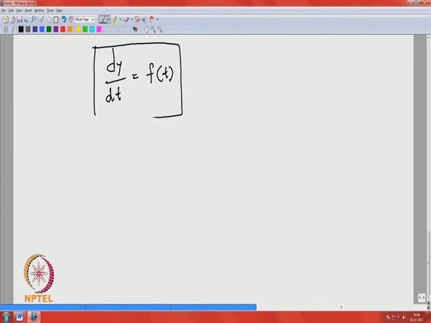So this problem is nothing but your integral calculus problem. This is just to convey to you that it is an integral calculus problem. Given a function, you want to determine y(t). So attempting to solve it is precisely where your fundamental theorem of calculus and other things will come into play.